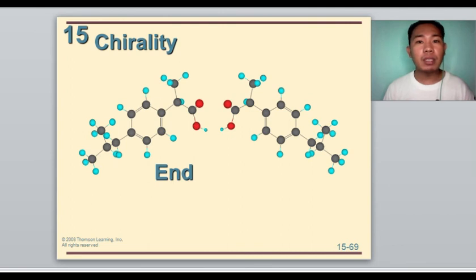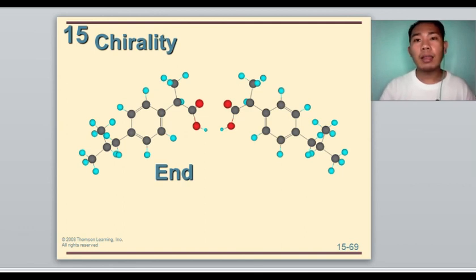If a compound rotates the plane clockwise, it is dextrorotatory, and if it rotates the plane counterclockwise, it is levorotatory. Each member of a pair of enantiomers rotates the plane of polarized light an equal number of degrees, but in opposite directions.